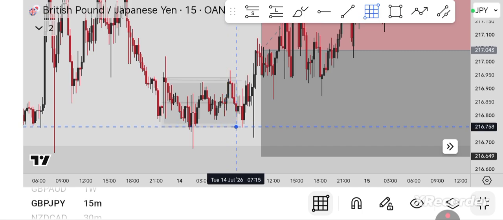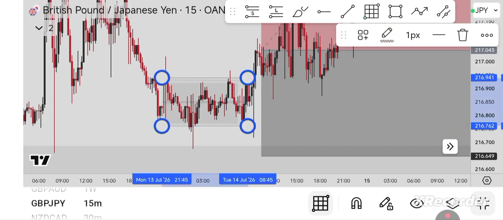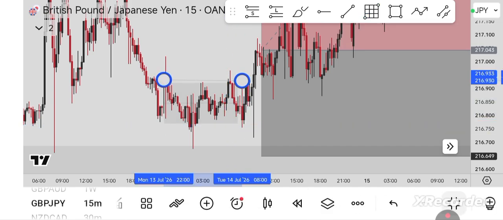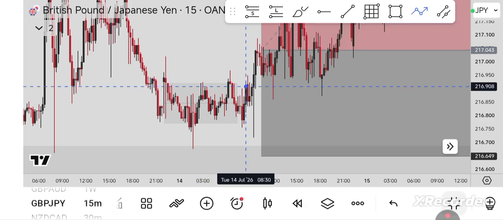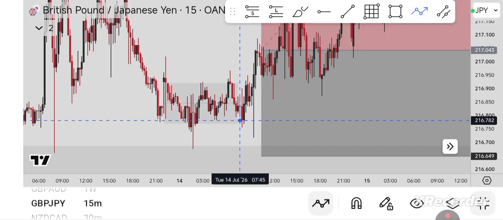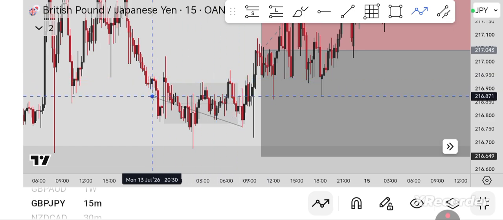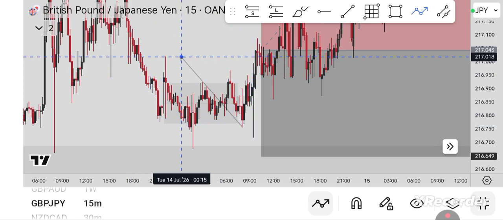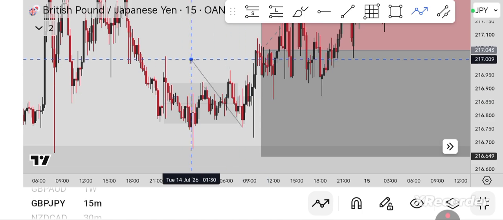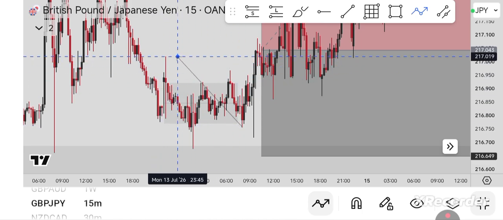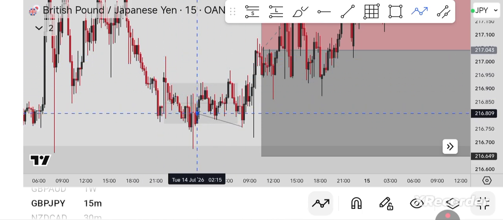I was waiting, yesterday, Tuesday, for price to break above this range to confirm to me that the market wants to buy, because this particular range is engineering liquidity, creating liquidity in this particular place.